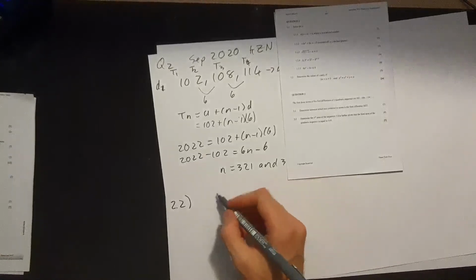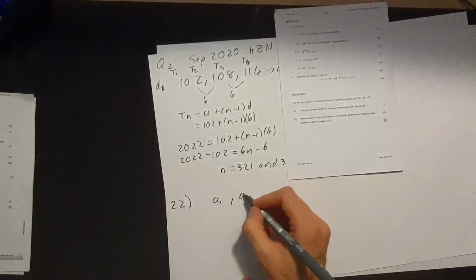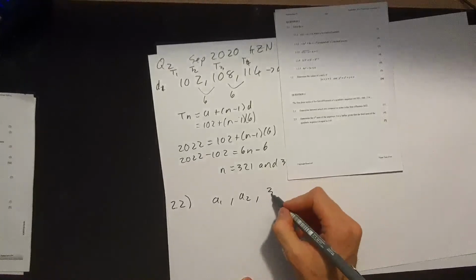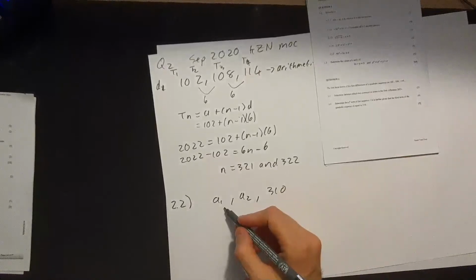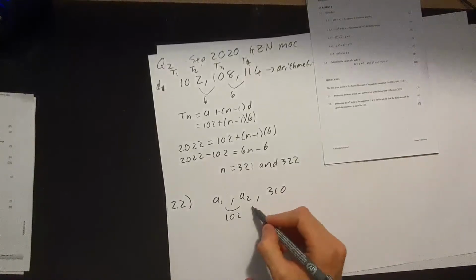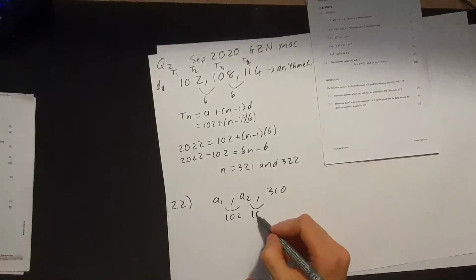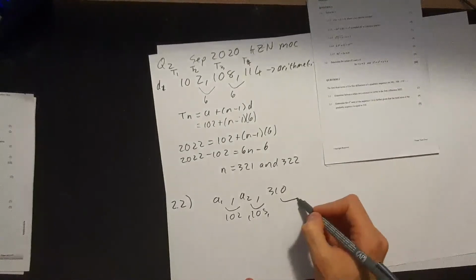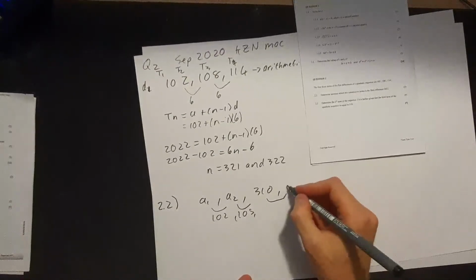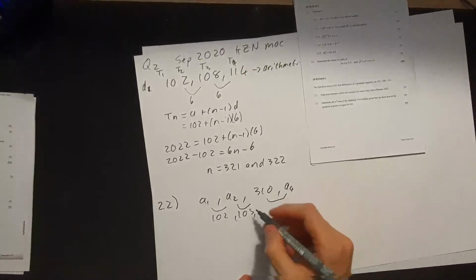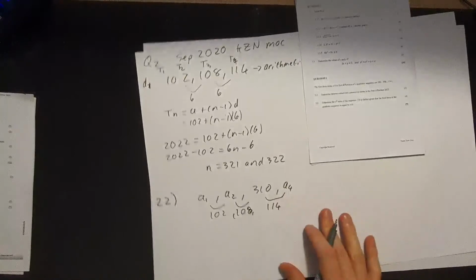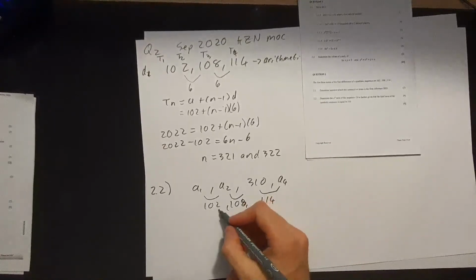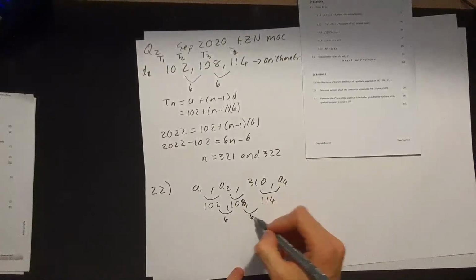So we've got a1, a2, and then we have 310. We know that the difference between here is 102, the difference between here is 108, and the difference between the next two terms is 114. And then this here is just 6 and 6.